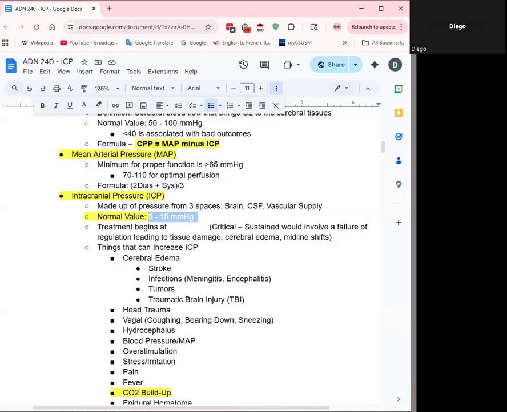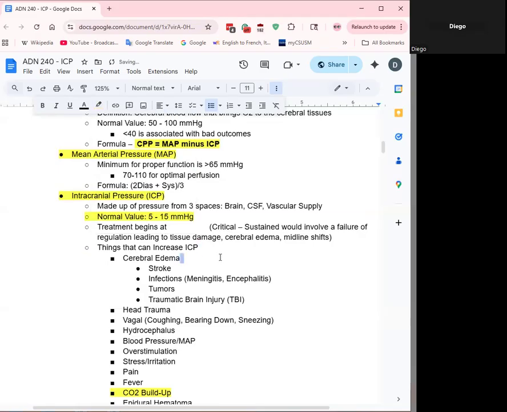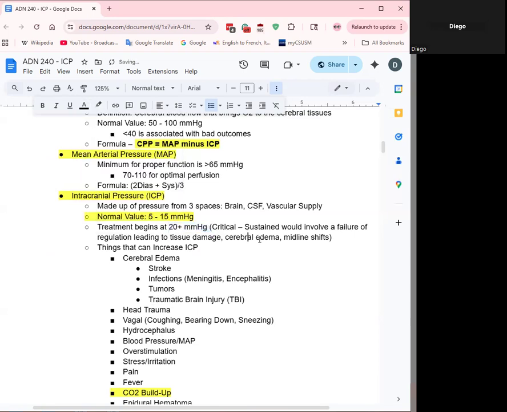I have it written as 5 to 15, but that's around the same ballpark. Treatment is usually going to start when it is approaching about 20 or more, when it becomes imperative that you do something about it.